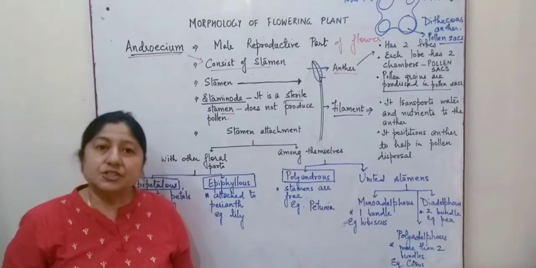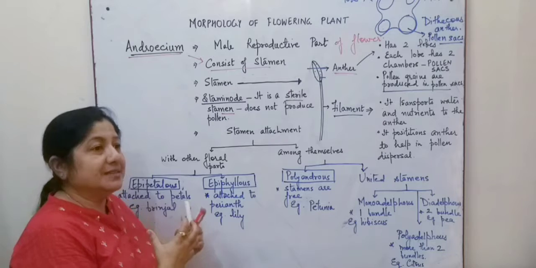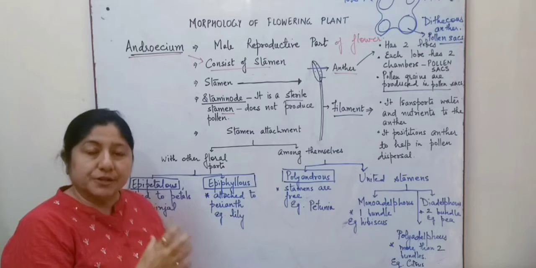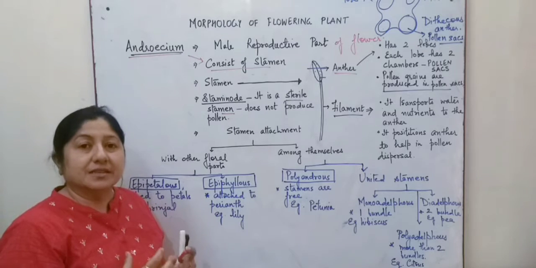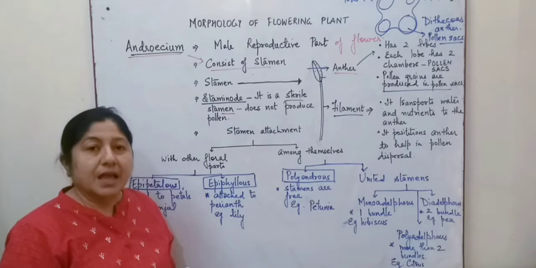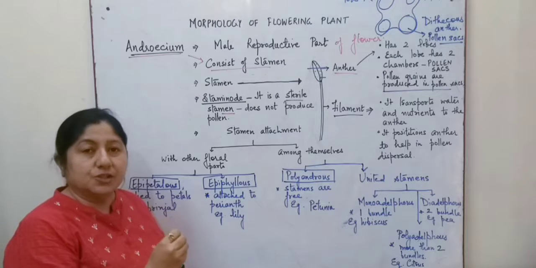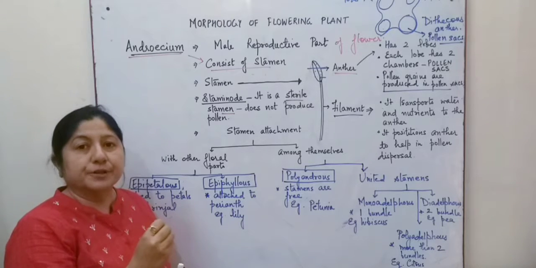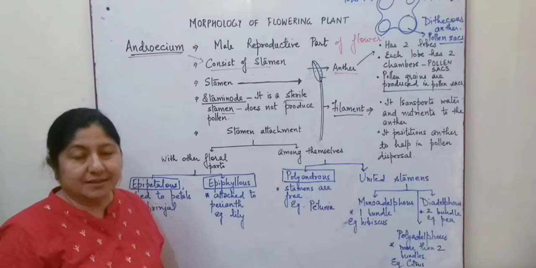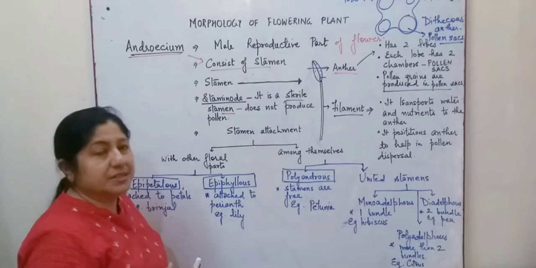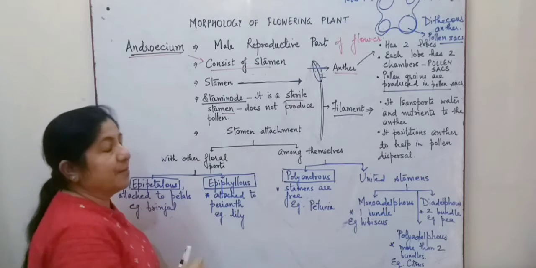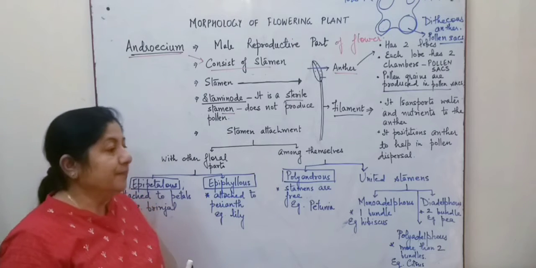Now, why this condition? There are certain reasons for it. In these kinds of stamens, the pollen grain is not produced, but instead the staminode, which is the term given to the sterile stamen, will actually be responsible for producing the nectar. And we have seen this in canna, that is another example for a staminode, where the stamens are sterile, that means they will not be producing the pollen grains. But in some flowers, the staminode functions to produce the nectar as well.